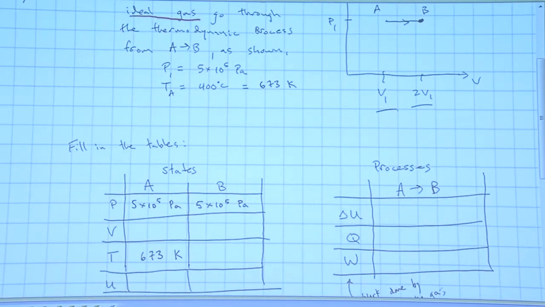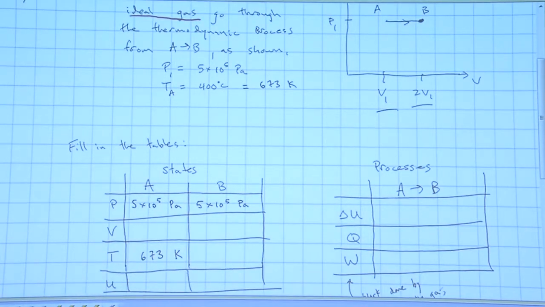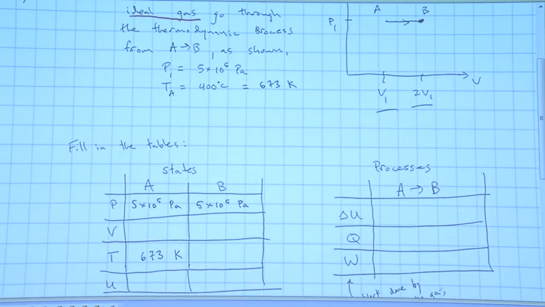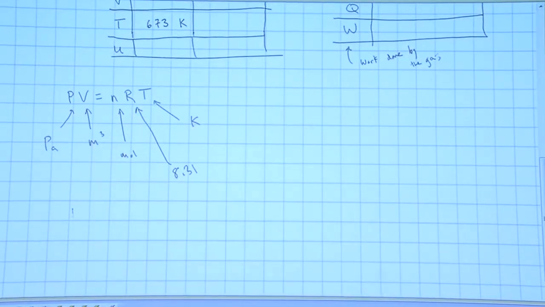So the first thing we see, PV equals nRT. We know everything. We can figure out what the volume is at state A. So let's do that first. So I could put A subscripts on everything.